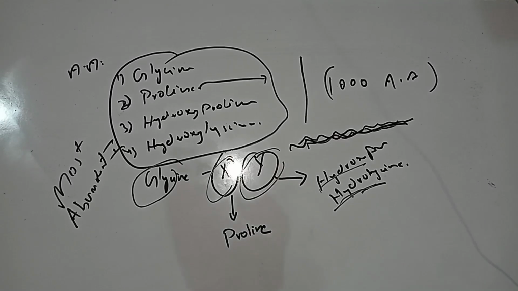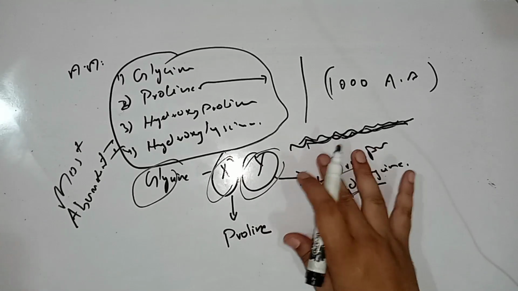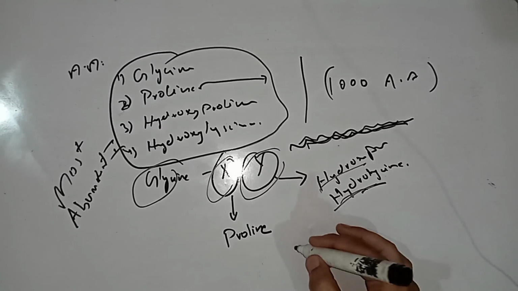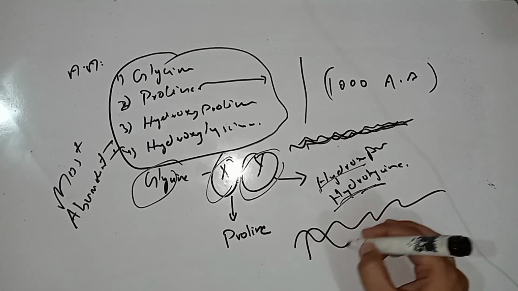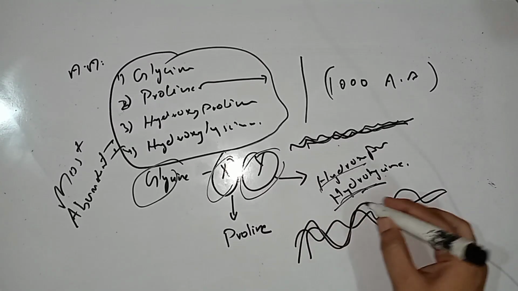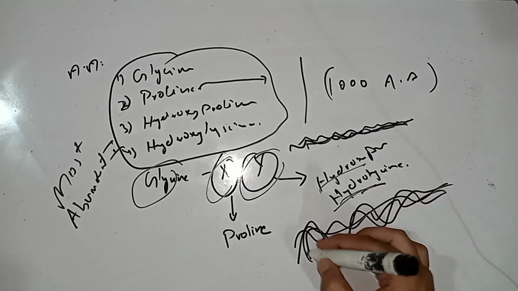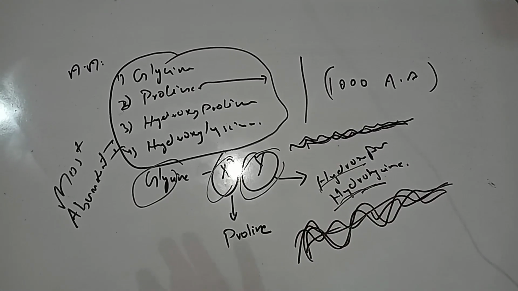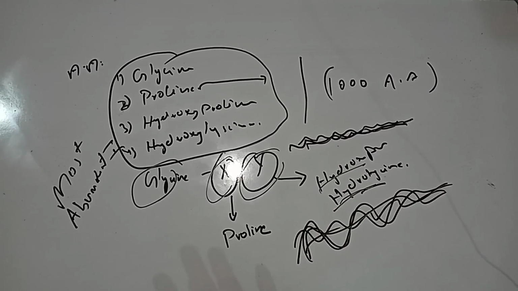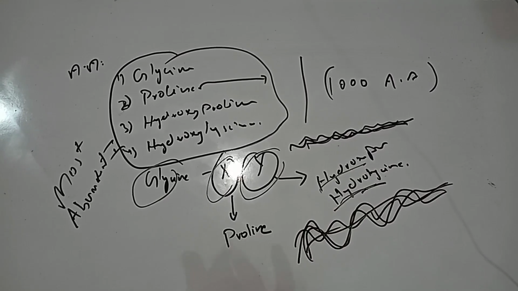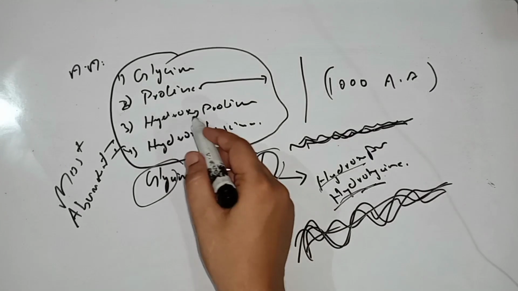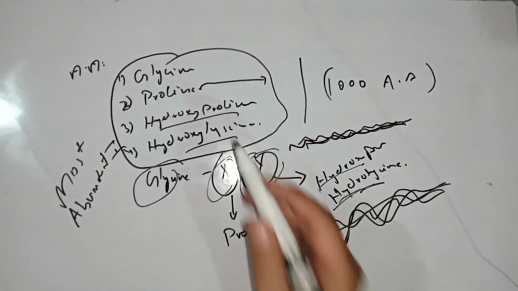So, the three chains which contain about 1000 amino acids each arrange themselves and form a triple helical structure, and this triple helical structure is basically a collagen molecule. The hydroxyproline and hydroxylysine present in the collagen are basically produced by the hydroxylation of proline and lysine residues.